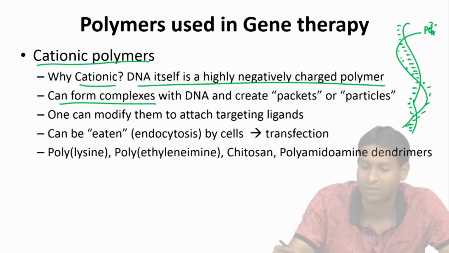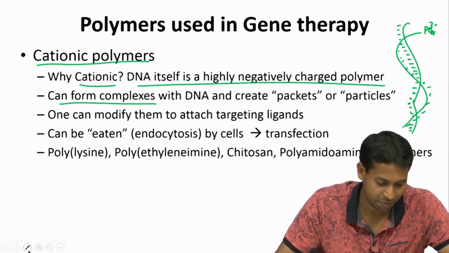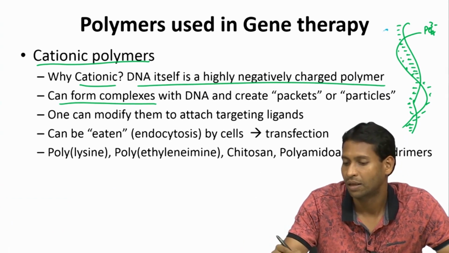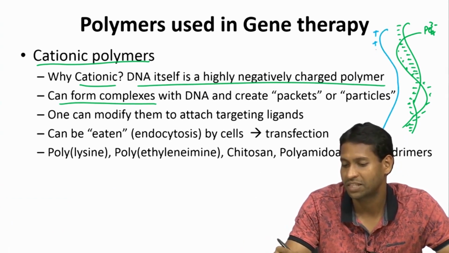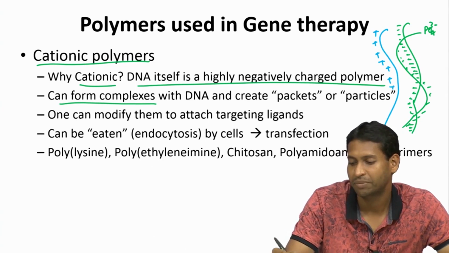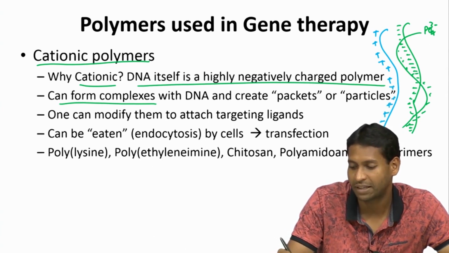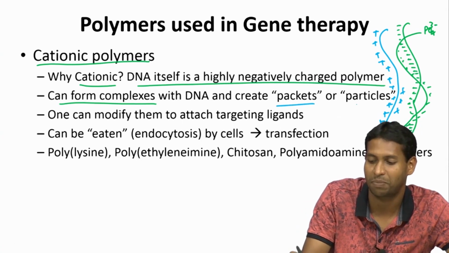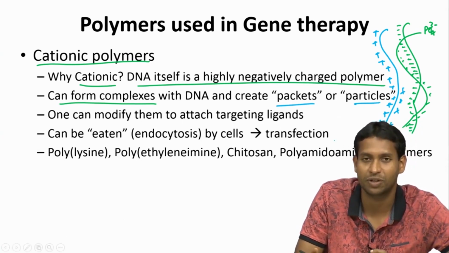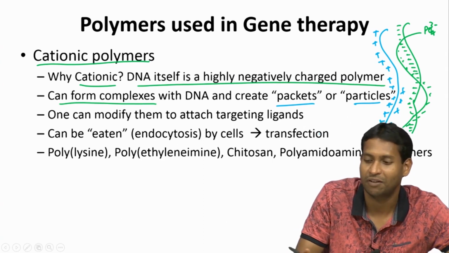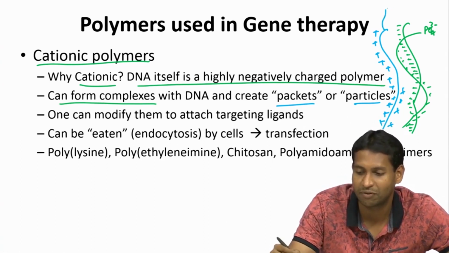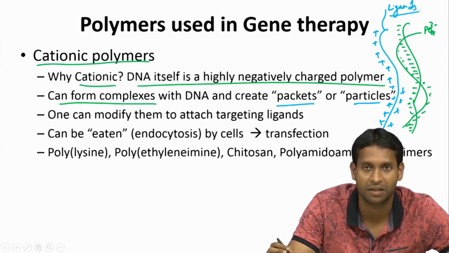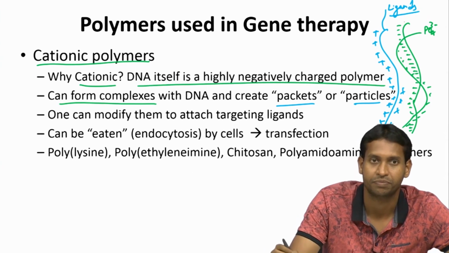So here is one DNA, then let us say you take up a polymer which is positively charged and you mix them in the right ratio or you vary the ratio, and at some ratio they will start precipitating out and form these complexes or create packets or particles, and depending on the ratio you can change the size and all, and then further you can modify these polymers with various ligands to target a cell receptor or to target some other function.